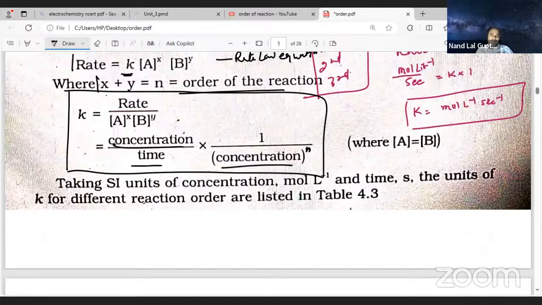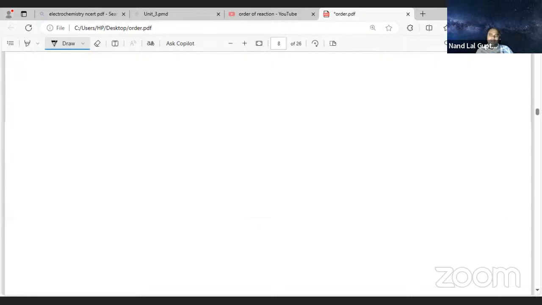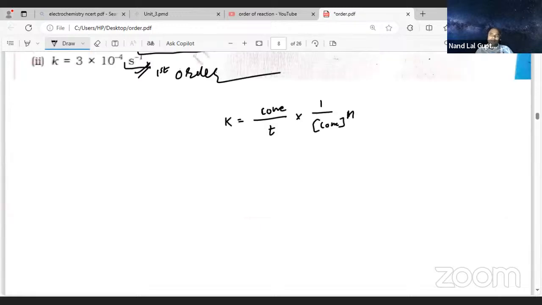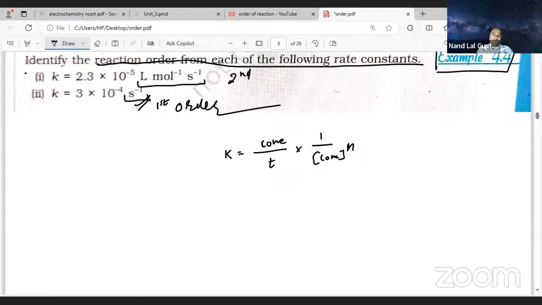Concentration upon time multiplied by 1 upon concentration power n. We are just trying to see whether we can put this in, because sometimes you may forget. The K value is given here.